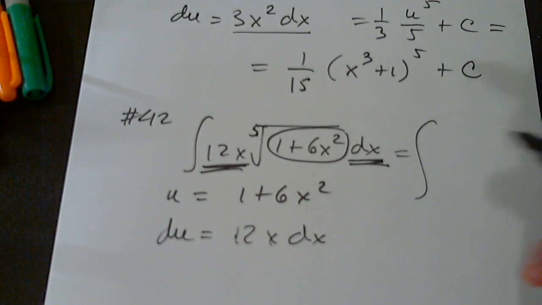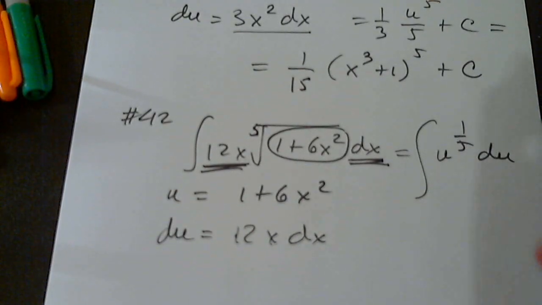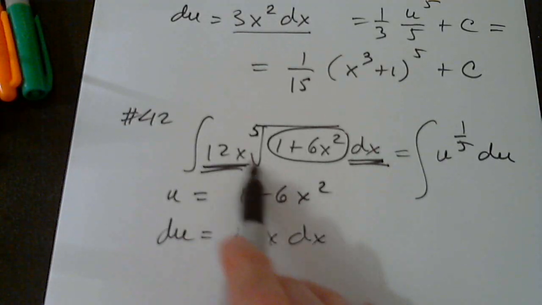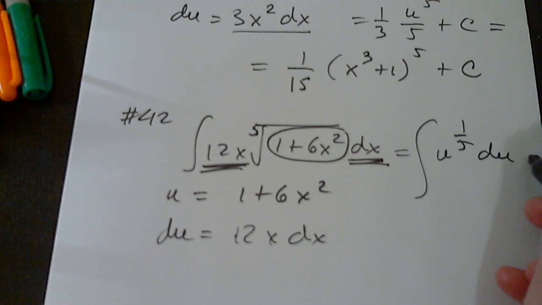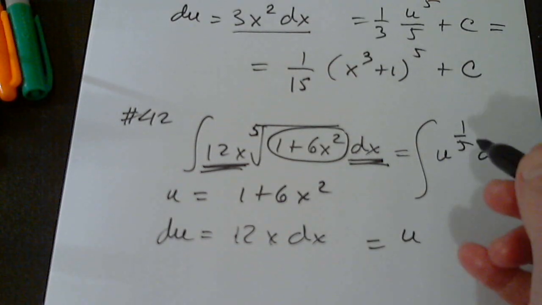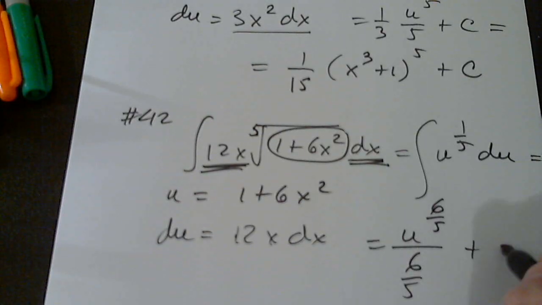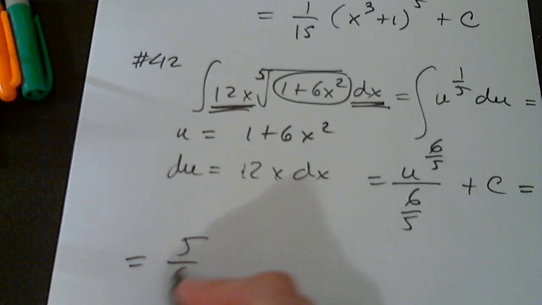Excellent. So the integral, this is u to 1/5 du. 12x dx is this product, and the 5th root of u is u to 1/5. So this is u to 1/5 plus 1, which is 6/5, over 6/5 plus a constant c. I have to flip 5/6.